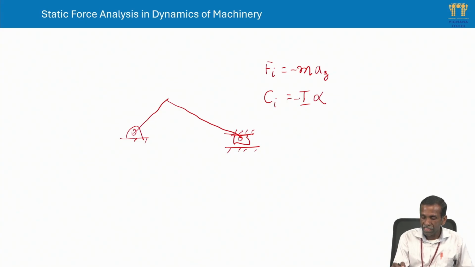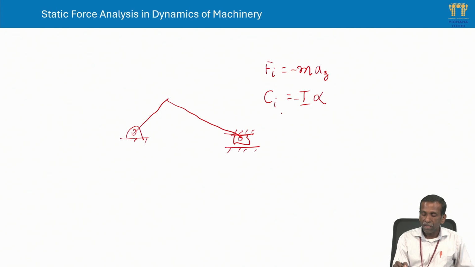These two get a minus sign, because the inertia force is opposite to the acceleration of the link or part or system element of the body, and similarly inertia couples are opposite in direction to the accelerating couples.